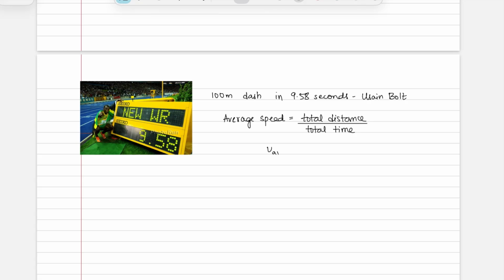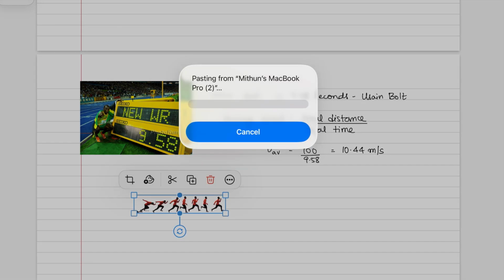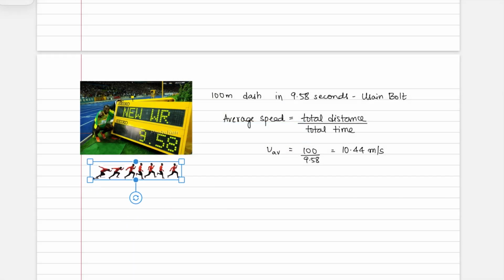You can write as V average is equal to, in this case, 100 over 9.58, which should give you 10.44 meters per second. Okay, but in reality, is that true that Usain Bolt had a speed of 10.44 meters per second throughout?